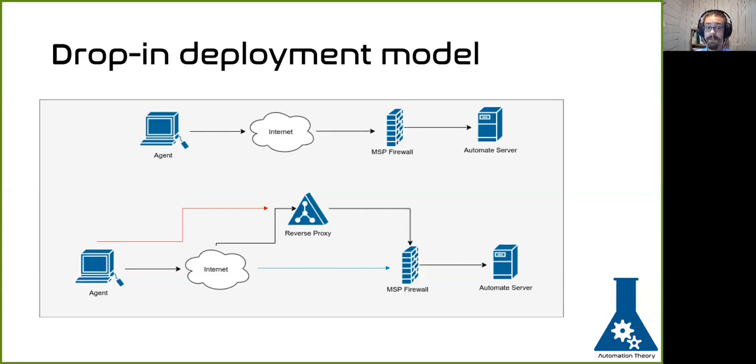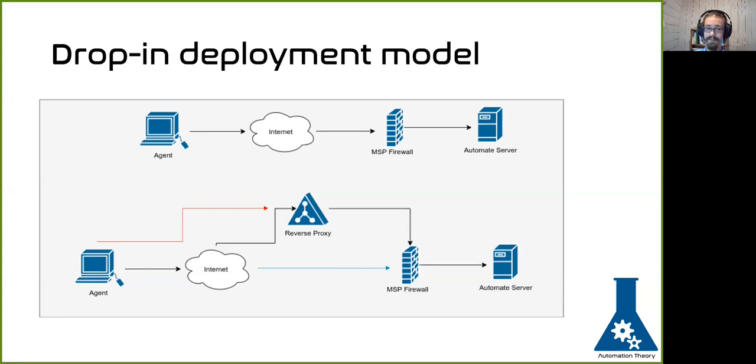And there are some MSPs who can do that, and that's great. And they have that skill set in-house, and that's comfortable for them. But for a lot of us, I'd argue that if you're going to do that, you need to have more than one person who can support your reverse proxy.